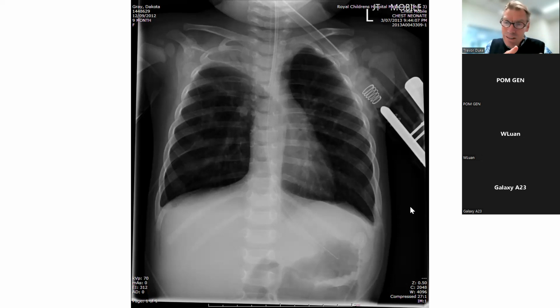We've thought about an overexposed film, right? We've thought about reduced pulmonary blood flow, like with tetralogy of Fallot. Is there any other reason why you might have reduced blood flow to the lungs?